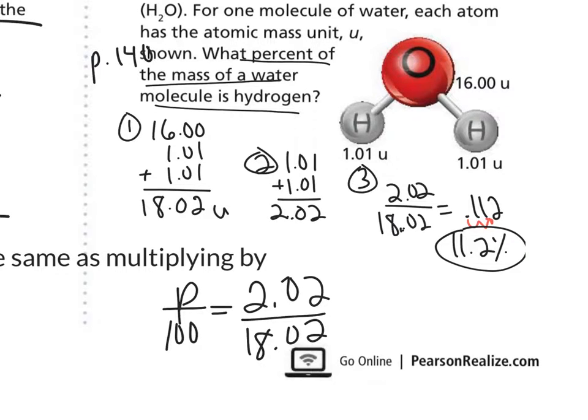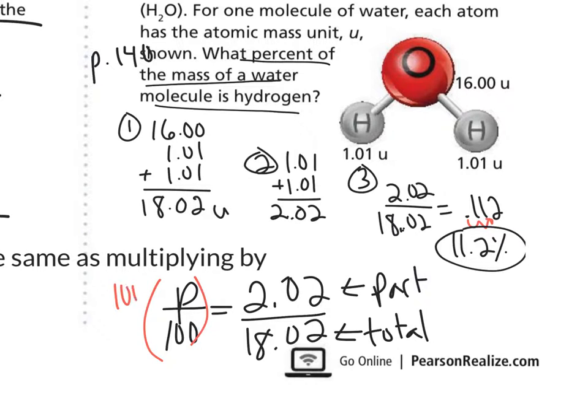The 100% is our total, the 18 2/2 is our total, and this is our part that we have. Whether or not that's a great pattern, you could say they're dividing by 100. You could multiply by 100 on both sides, and that will actually give you your percent to where you would not have to move your decimal over. That would give you the 11.2% when you work that out.